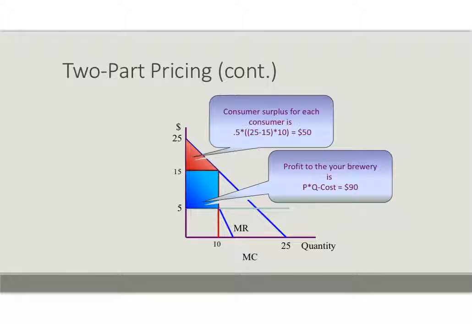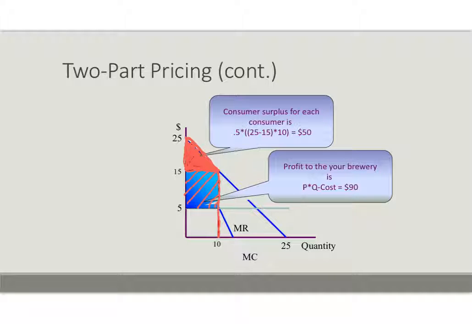Okay, so here's our graph. You're charging a price of 15. You're selling 10 units. Your profit is right here. And the consumer surplus is up here.